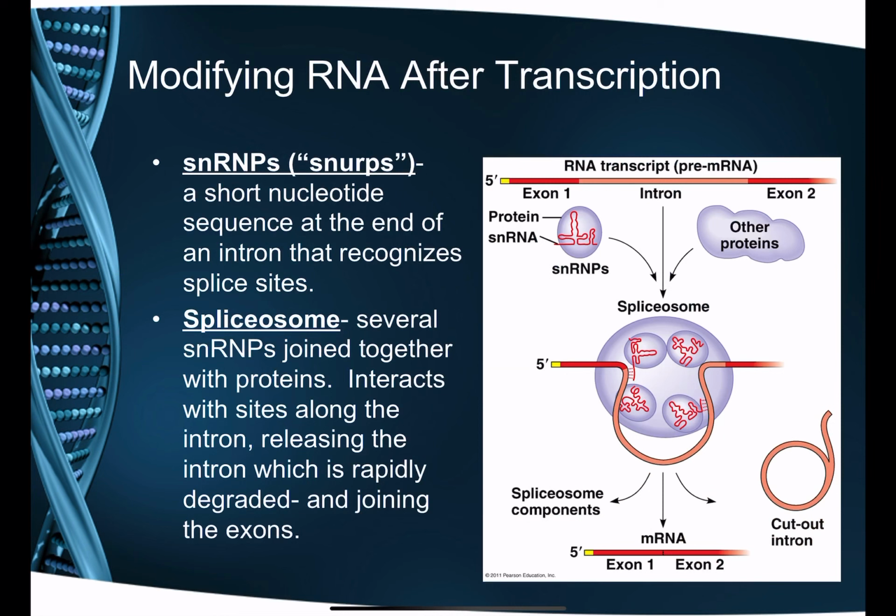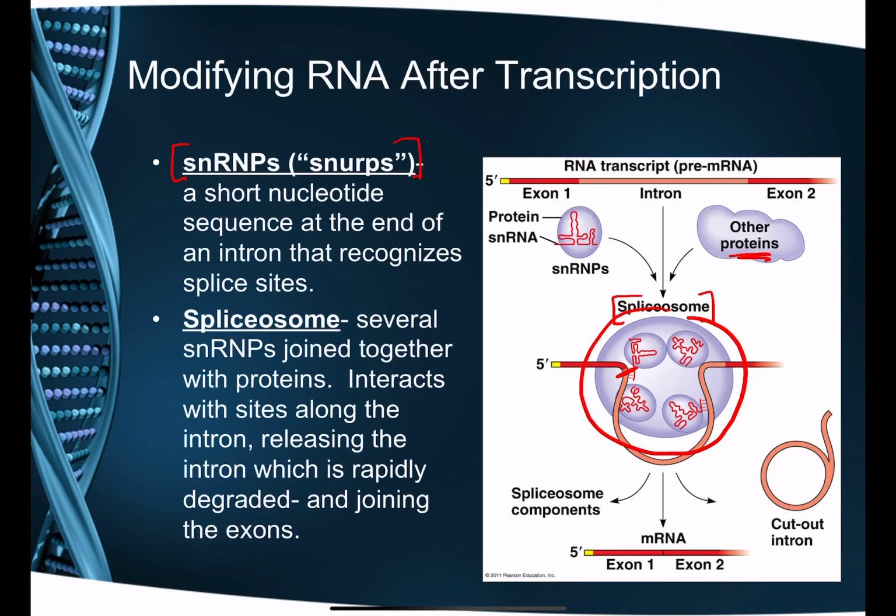In this process, we have some molecules called SNRPs. That's SNRNPs, but we call them SNRPs. And they recognize the splice sites. These SNRPs come together with some other proteins to create a molecule called a spliceosome.